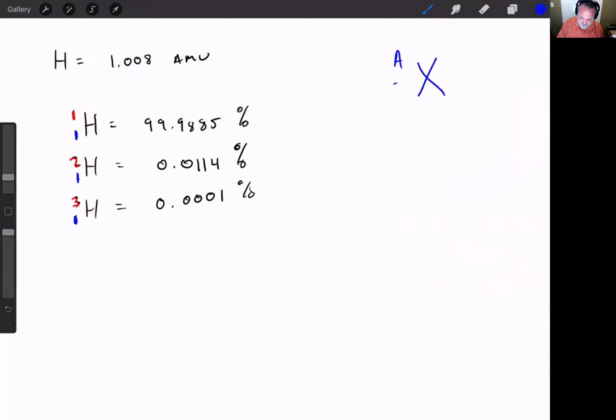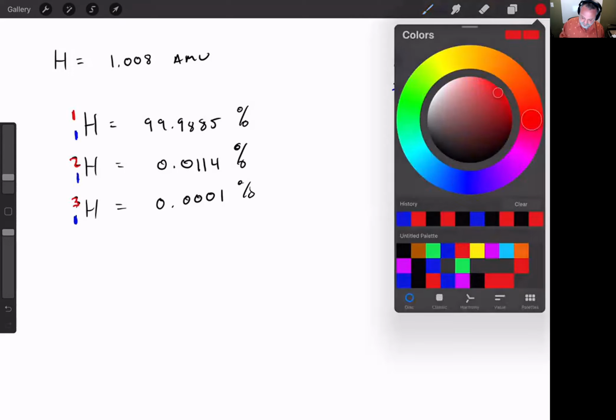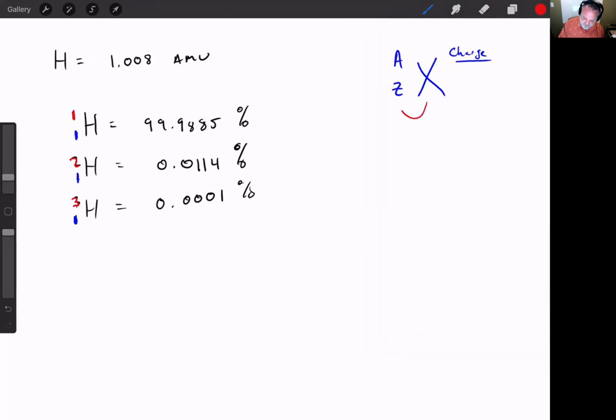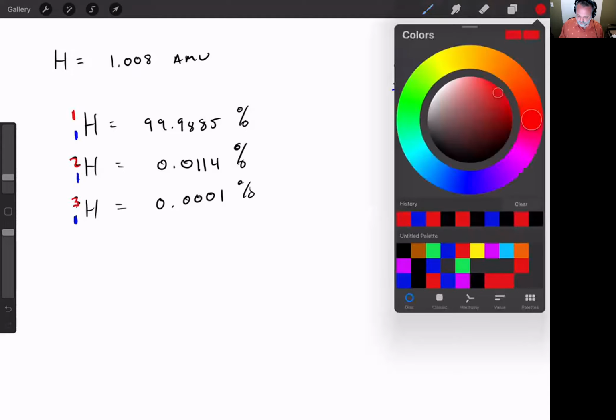If I give you the basic formula for a symbol, remember that X, the symbol for the element, is determined based on whatever the number Z is from the periodic table. Okay, so let's go with that.